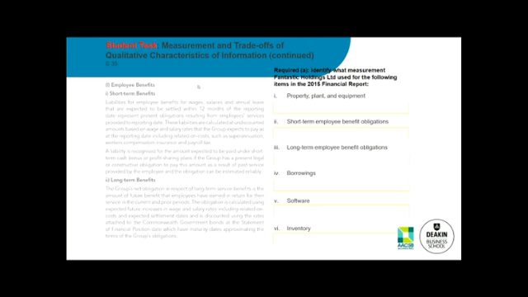Here's some more. Short-term benefits, liabilities for employee benefits, including wages, salaries and annual leave, are calculated at undiscounted amounts based on wages and salary rates that they expect to pay at reporting date, including on-costs, which would be like loadings and superannuation and insurance and tax.